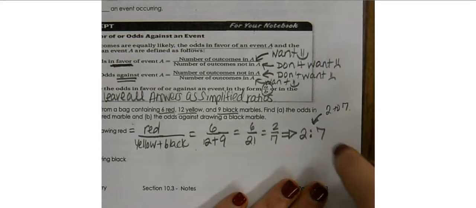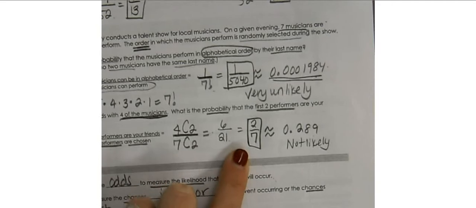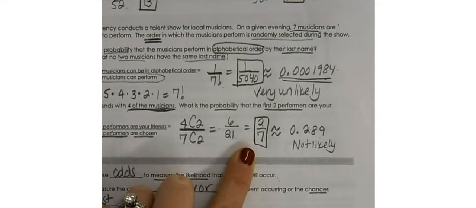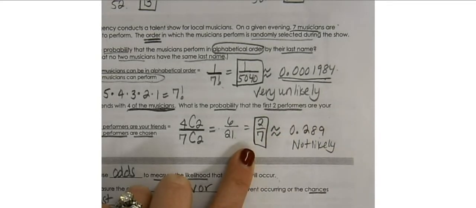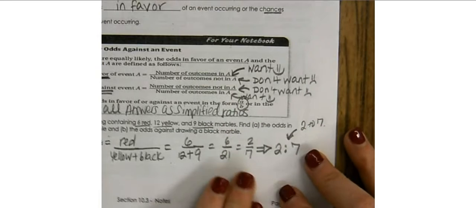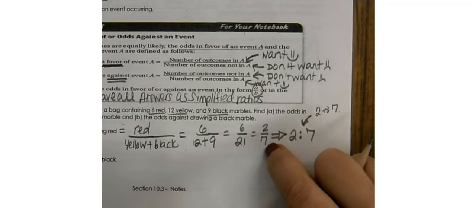This is different language than what we had up here, where we were looking at the likelihood of your 2 friends being selected first to perform out of 7 performers. That means a 2 out of 7 chance of that occurring. This is different because you're not saying you have a 2 out of 7 chance of selecting a red.